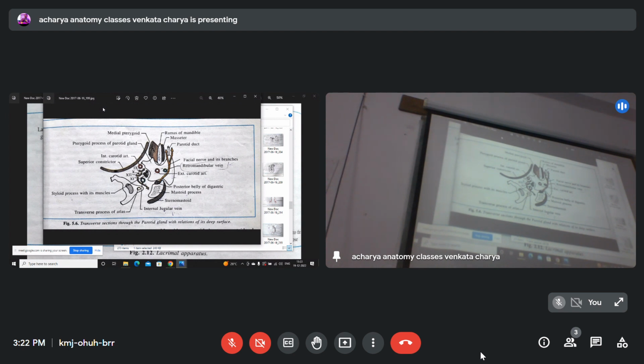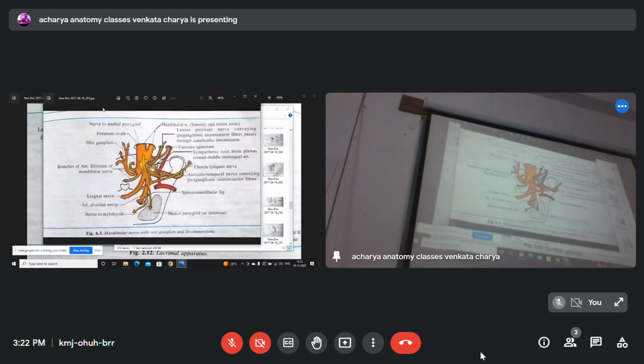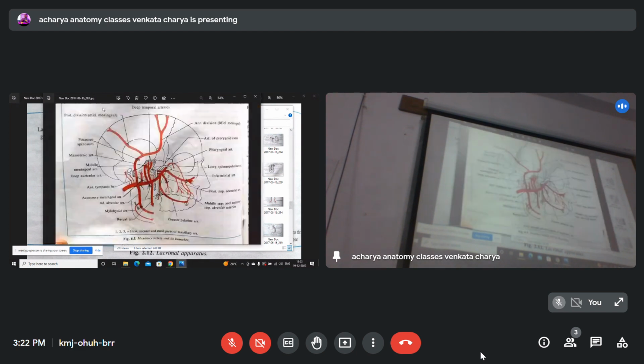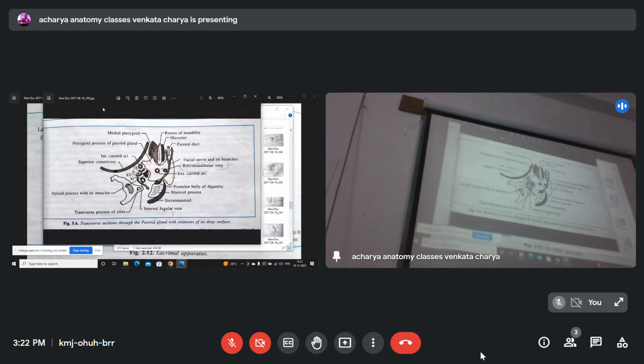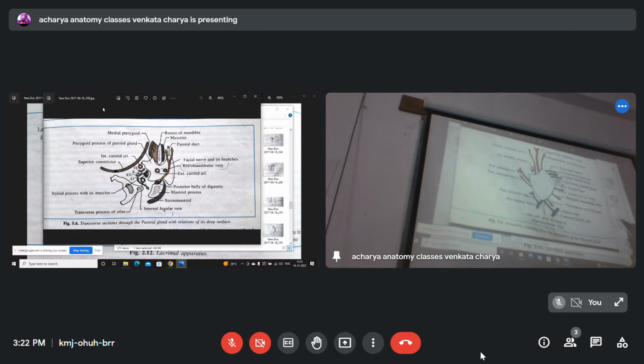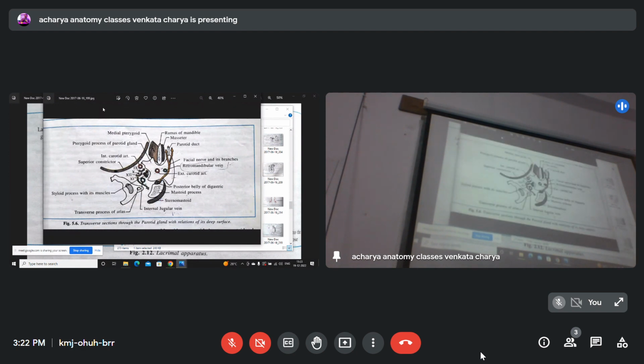Next, come to the nerve supply. The parotid gland is supplied by the parasympathetic fibres of the glossopharyngeal nerve.